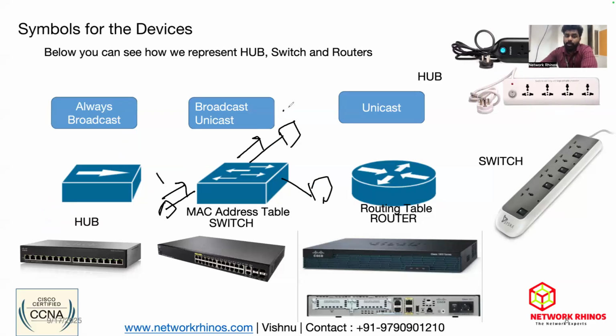Only 1-to-2 communication is possible, as well as 1-to-all. Imagine the switch. If power is coming in, I can tell, only on this port I want power. Can I get power on all the ports also? Yes. If I switch on all the ports, all ports will get power. The same way it works. A switch is both a broadcast as well as a unicast device.